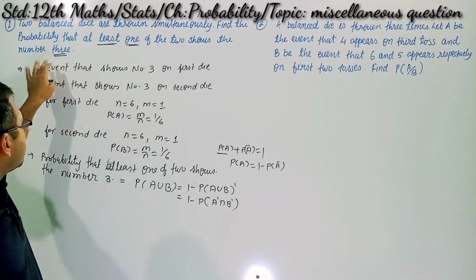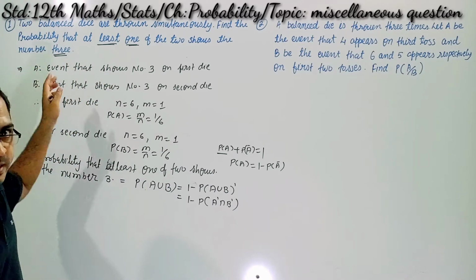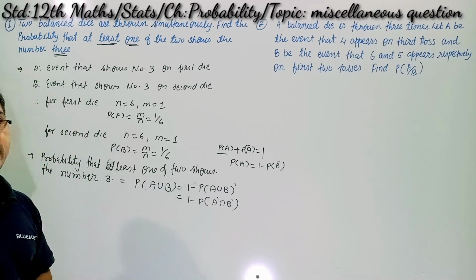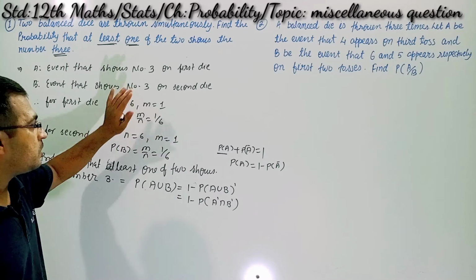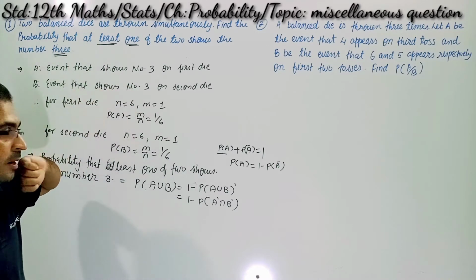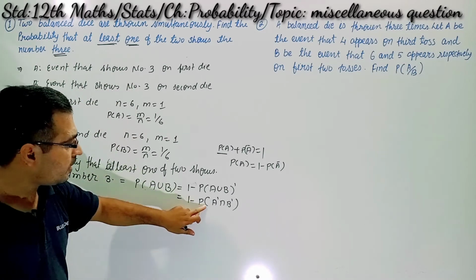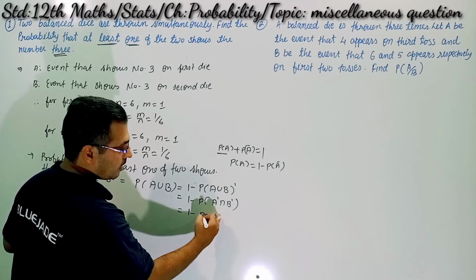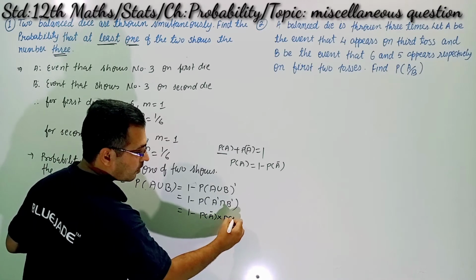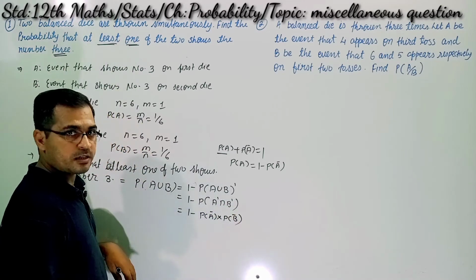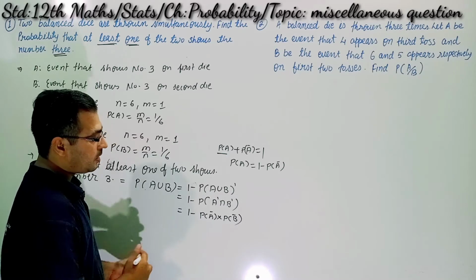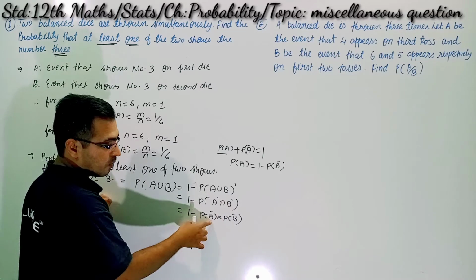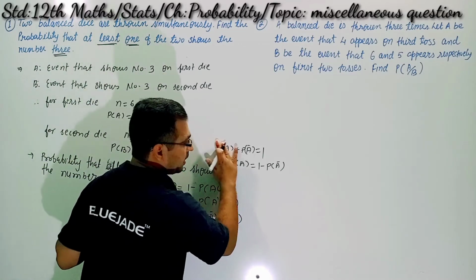Students, here you can see that the events A and B are independent. They are not dependent on each other. It may be the first die or the second die, right students? You are getting 3. So these dice are independent. So for independent events, we know 1 minus P of A bar into P of B bar, right students? If two events are independent, we can write the probability of A dash intersection B dash is equal to P of A dash into P of B dash, right students?